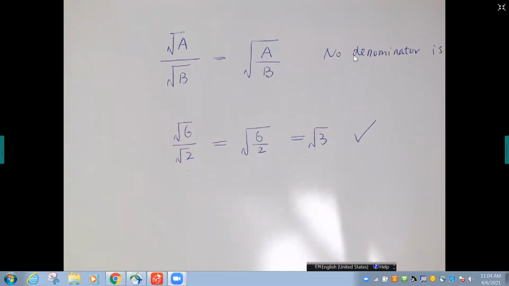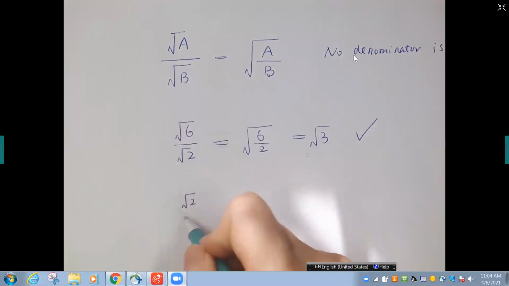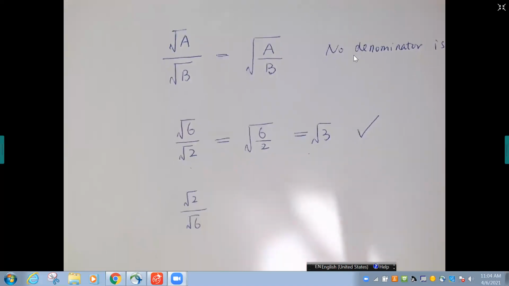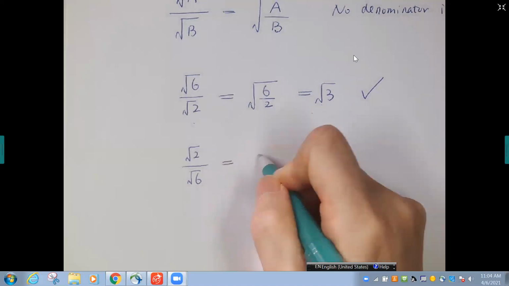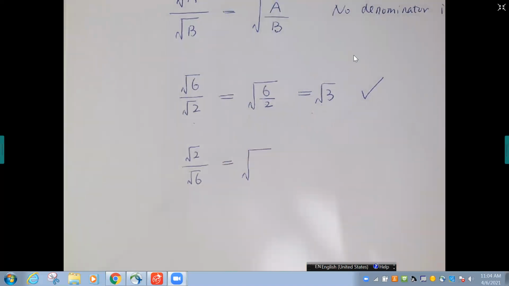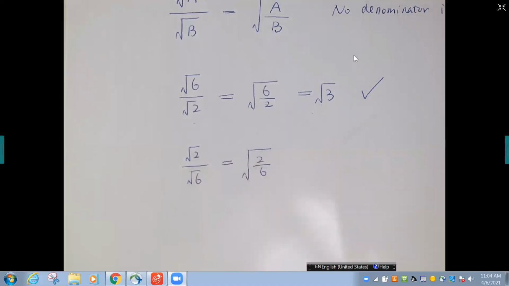Okay, so that is the simplest case. Now, if I give you another one, radical 2 over radical 6, still the division. Apply the rule again. We'll still have this radical symbol and then divide the two radicands, 2 over 6.